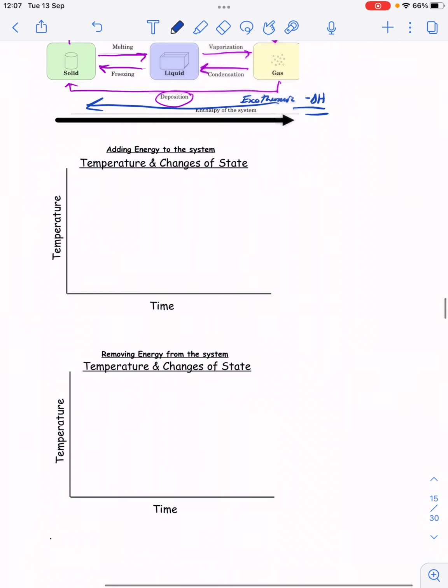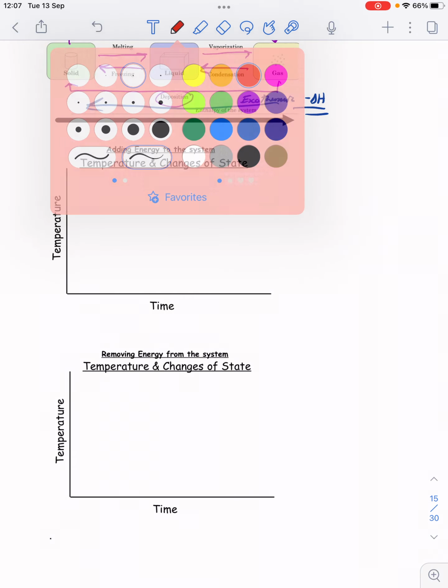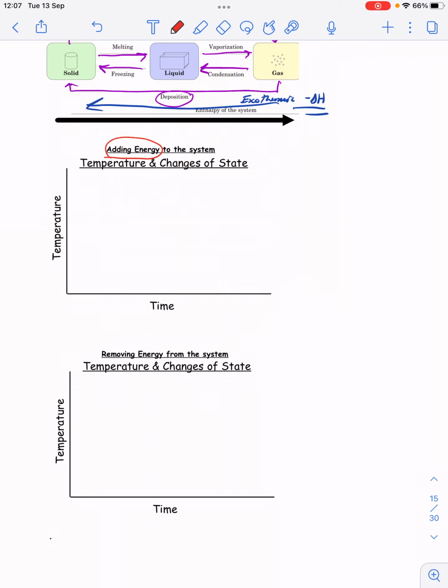And we see this during phase changes where when we add heat to the system, adding energy to the system, you start off with a solid of something, and then as that solid melts, you actually see that its temperature plateaus, and the temperature does not change during melting. Now you're still adding heat to the system, so where is that heat going? It's during melting that we have the endothermic change.